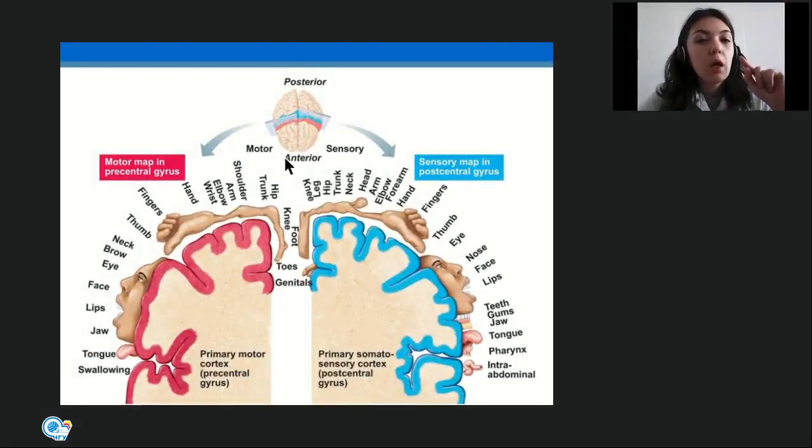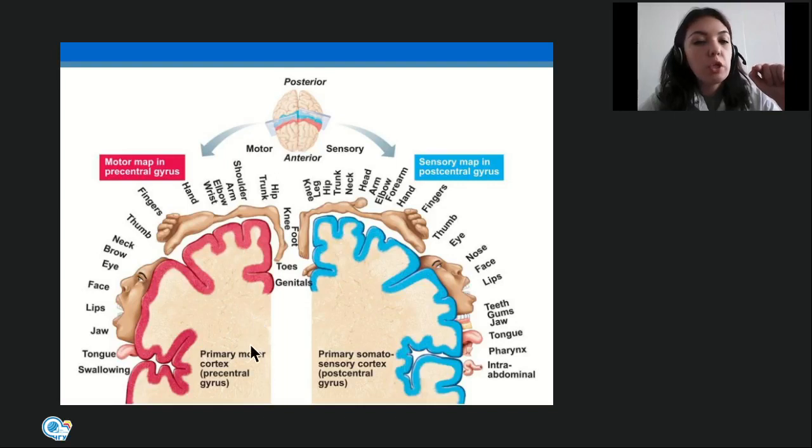Fibers which come from the lower limbs and go to the lower limbs occupy the upper parts of the post- and precentral gyrus. Then those fibers which are connected with the middle part of the body, like upper limbs and trunk, occupy the middle part of these gyri.